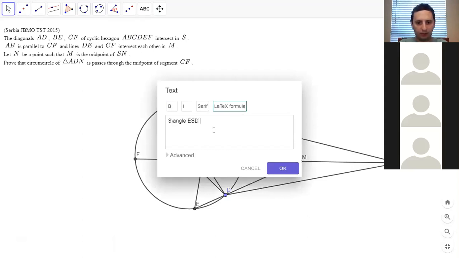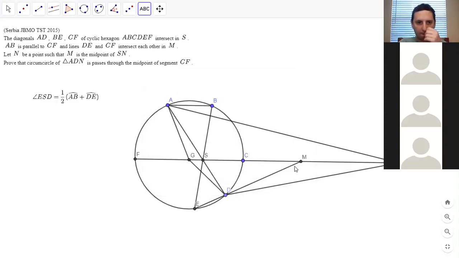Angle ESD is equal to half of arc AB plus arc DE. And then we also have angle SME, it's equal to half of arc FE minus arc CB. And so we want to show those are equal.